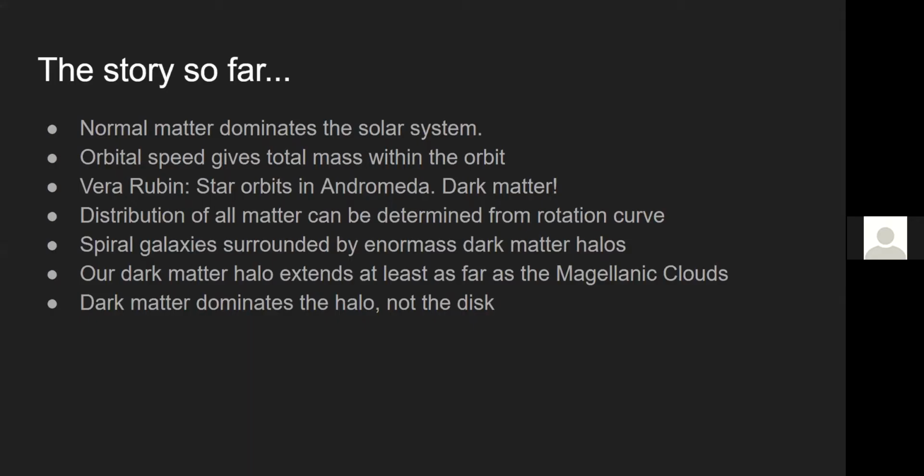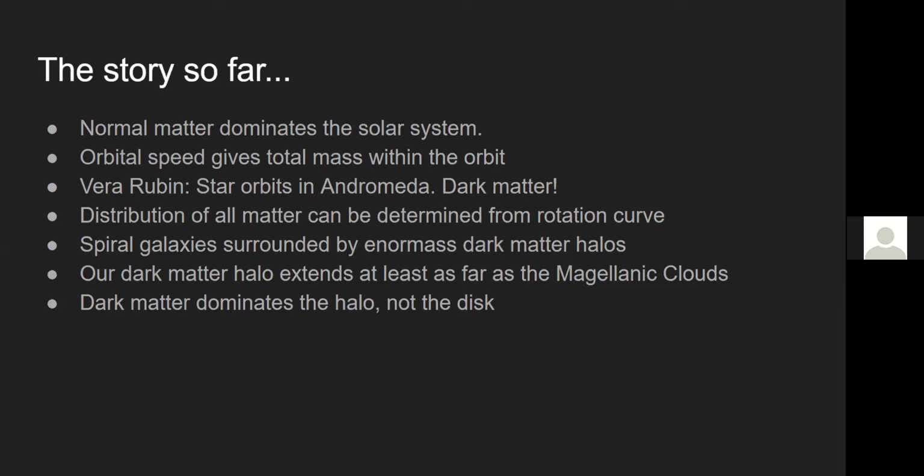So what we've hopefully learned so far is that normal matter dominates the solar system. We really don't need to bother with dark matter when we deal with traveling to the moon or the outer solar system. That we can determine the total mass within a body's orbit just by knowing its orbital speed.